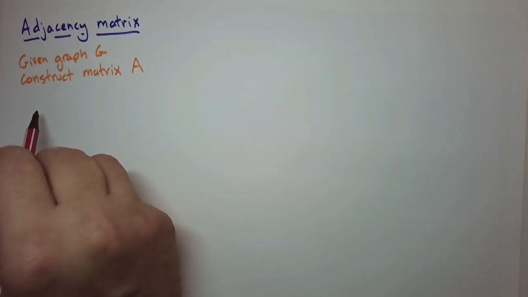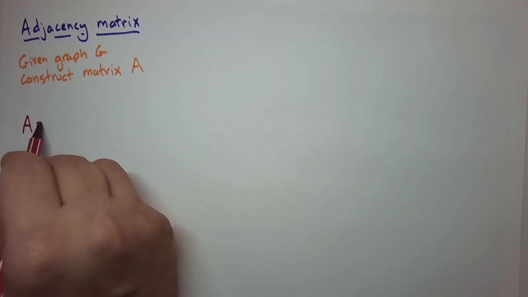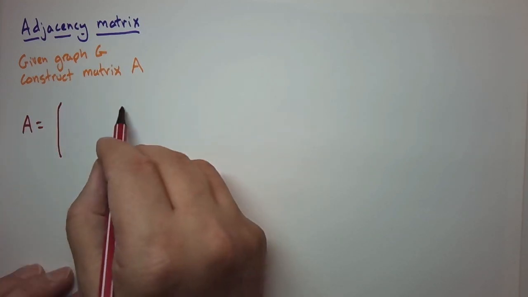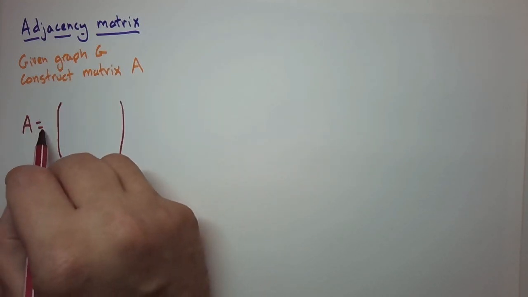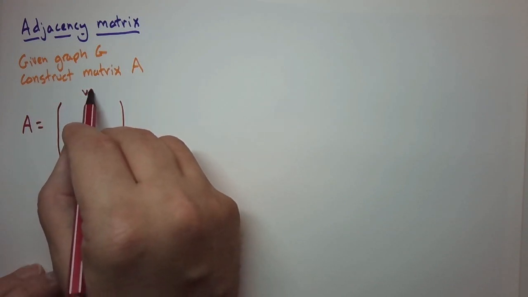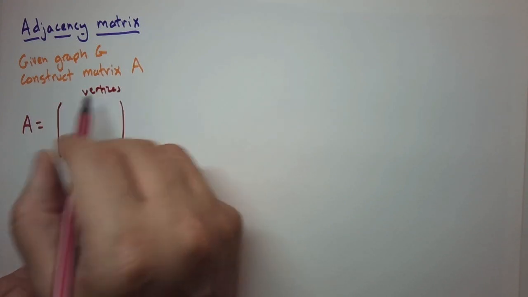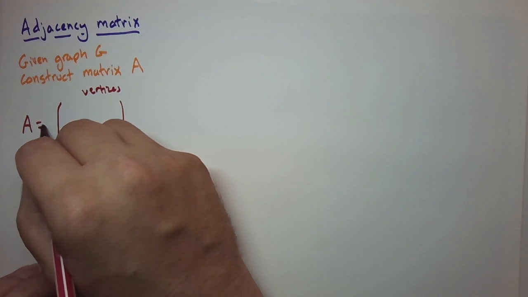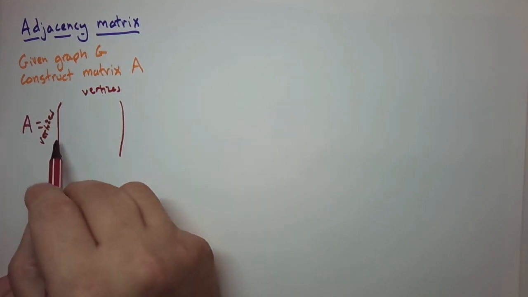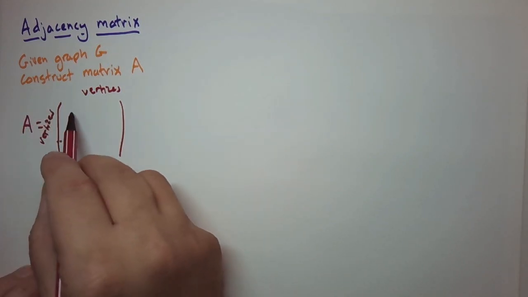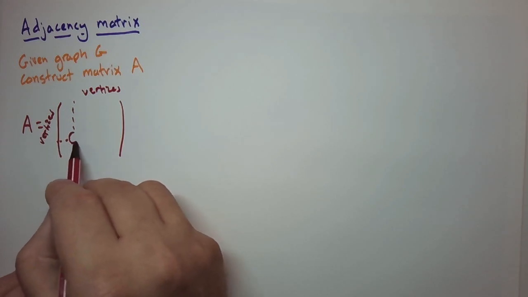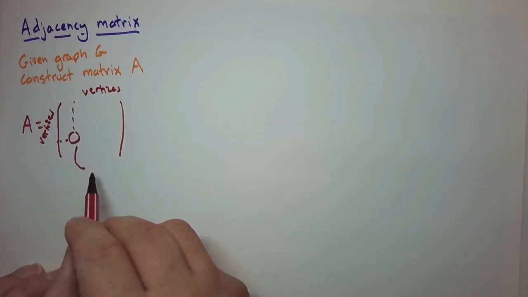So the way we construct this matrix is we index the rows and the columns by vertices. Everything's indexed by vertices. Now we look at an entry, and this entry is going to be one of two things.